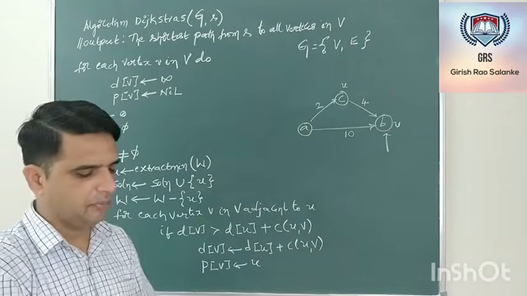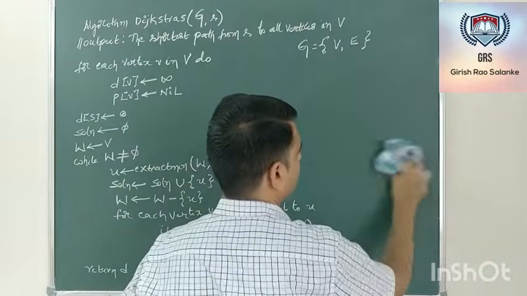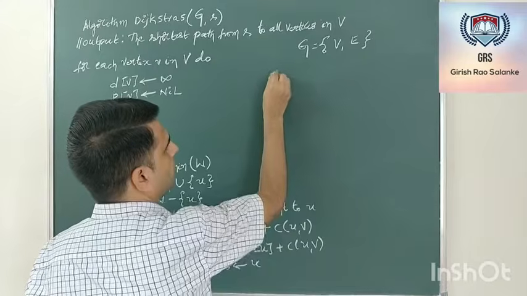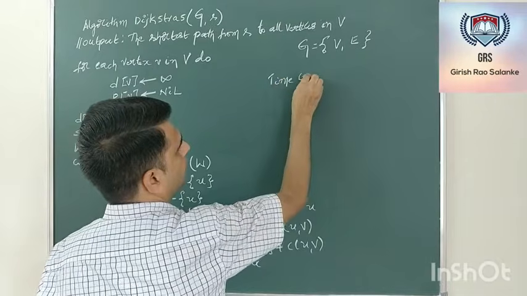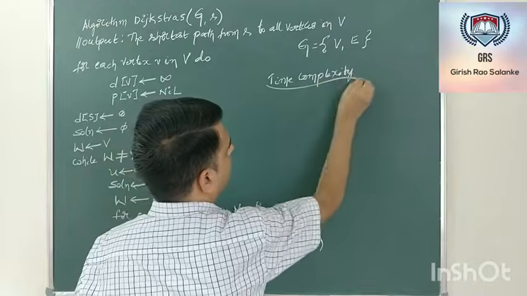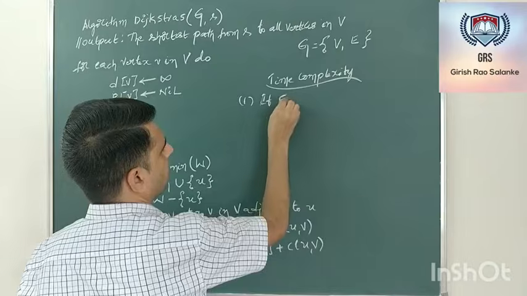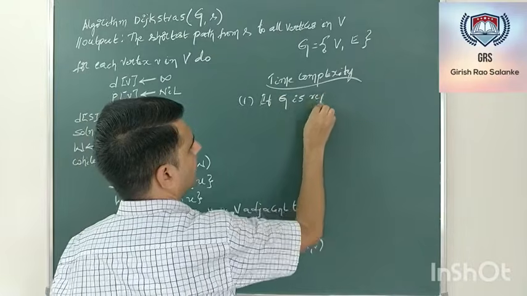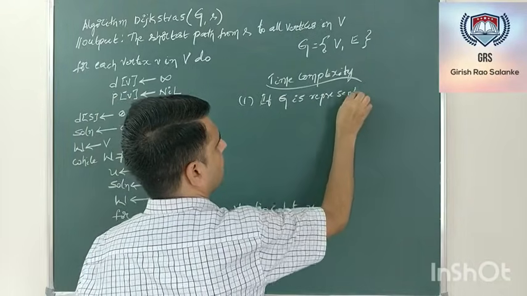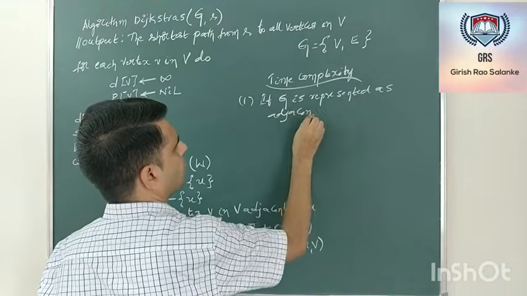Now coming to the time complexity of the Dijkstra's algorithm, here also it depends upon how the graph is represented. So let us take 2 cases. First case, if G is represented as an adjacency matrix.